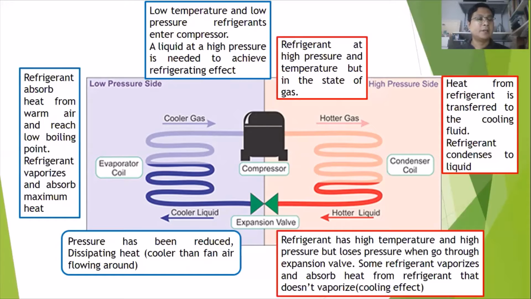From this side, we can utilize it in our room. But after passing through the heat pump or compressor, the gas is influenced by high temperature, so it should be released into the reservoir.